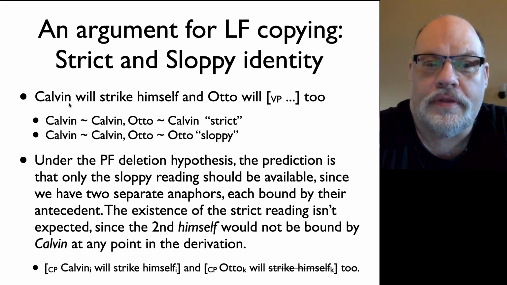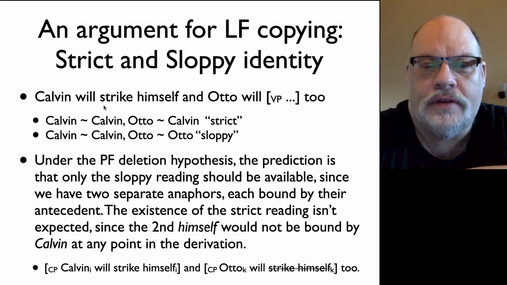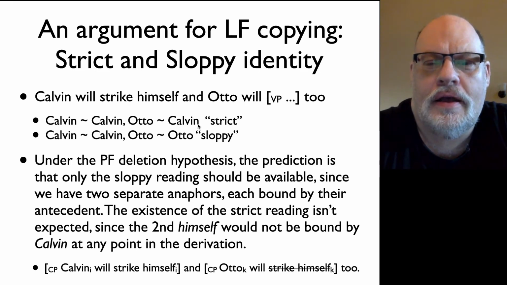So we're going to start with the sentence, "Calvin will strike himself and Otto will too," where we have an elided verb phrase that is essentially equivalent to "strike himself." Now what's surprising about this sentence is it's ambiguous. So there's one interpretation, which we will call the strict interpretation, where the person Otto is hitting is Calvin.